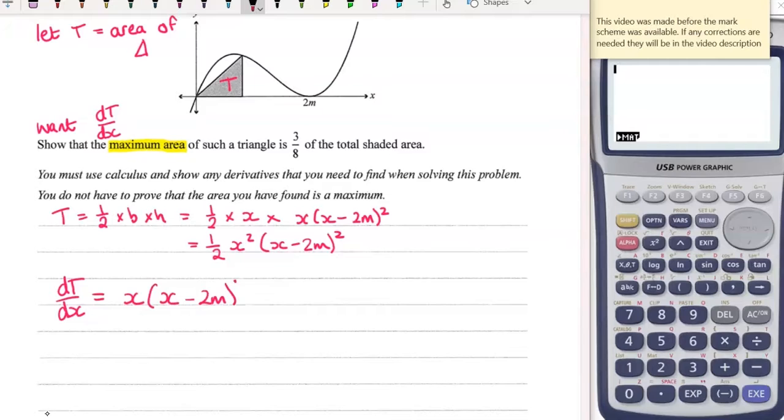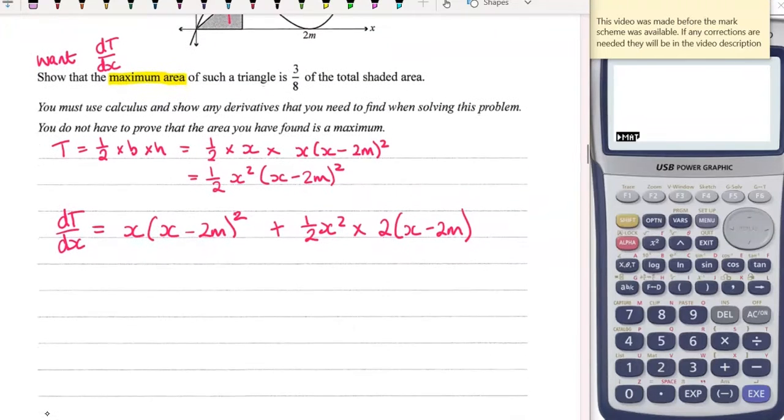We haven't changed that, so that stays as x minus 2m squared. Then leave the first bit as it is and times by the derivative of the second bit, which will be 2x minus 2m. It would be times by the 1 because that's the derivative of the inside and we're doing chain rule, but obviously we don't need to do a times by 1, write it out.